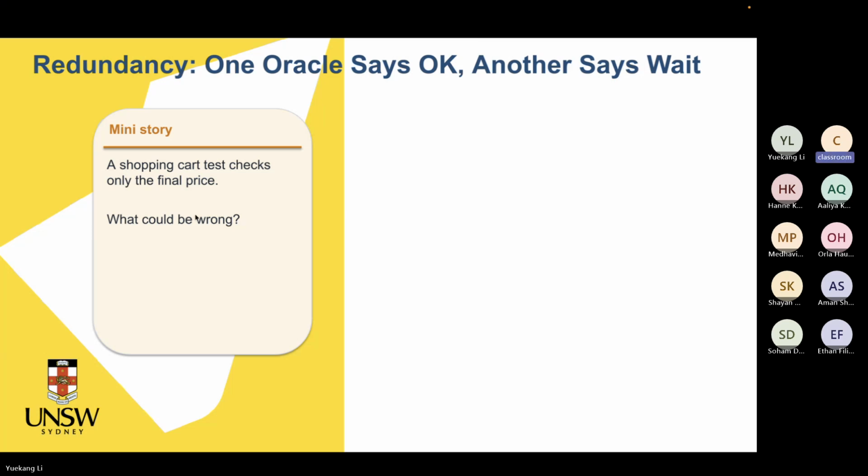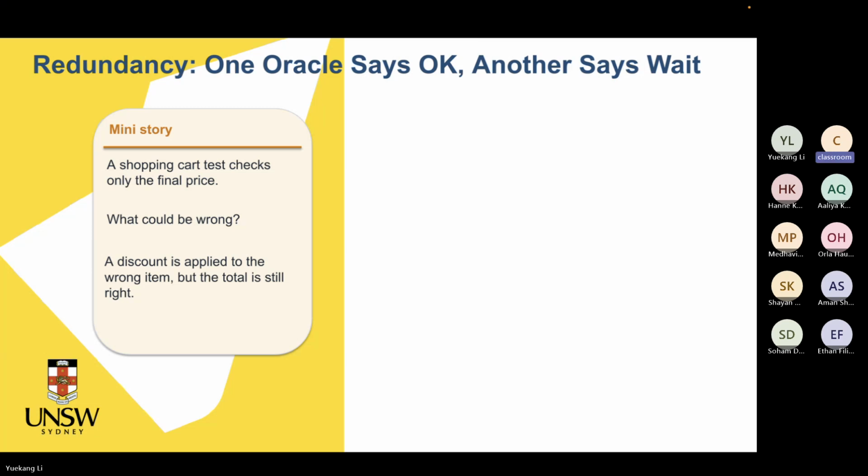There could be multiple items inside the cart, right? And maybe, just maybe, a discount voucher was applied to one of the items, and this item accidentally has the same price as another item. Then there is something wrong inside this process, right?